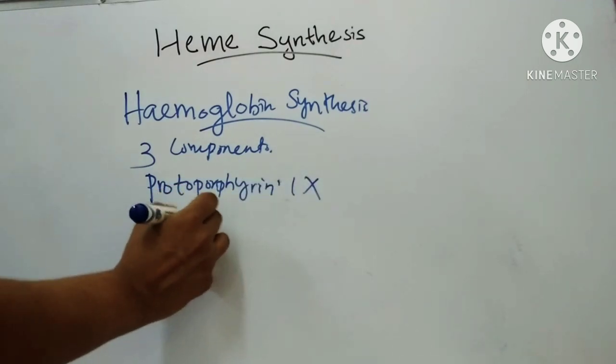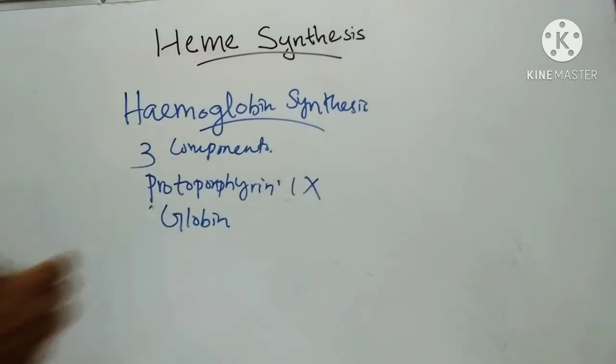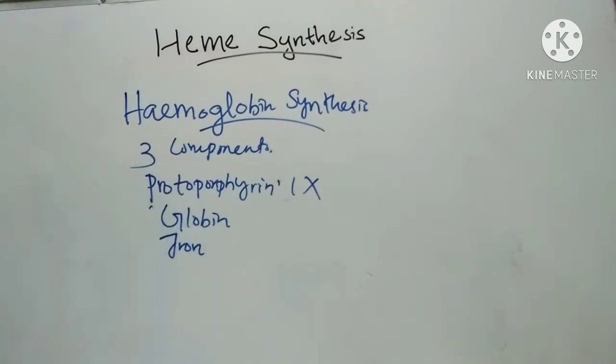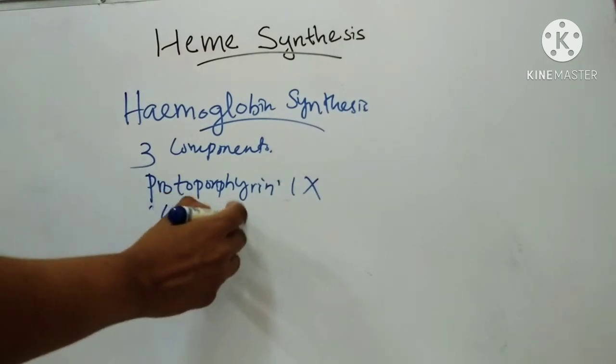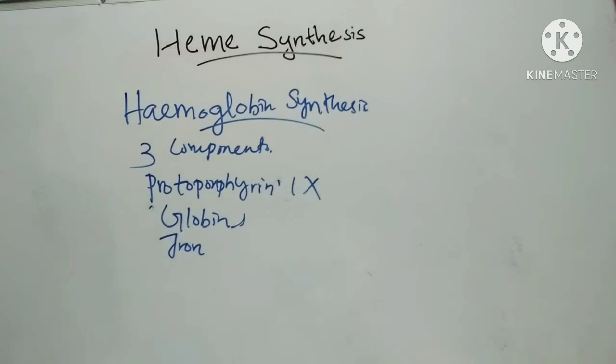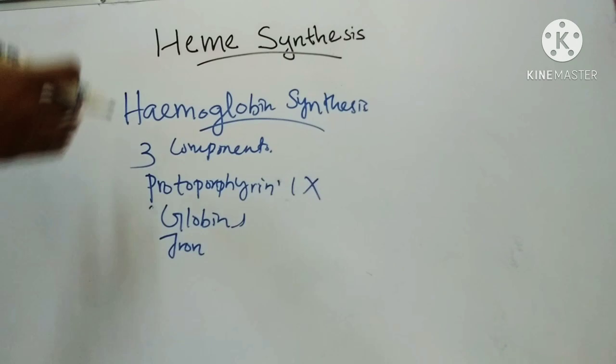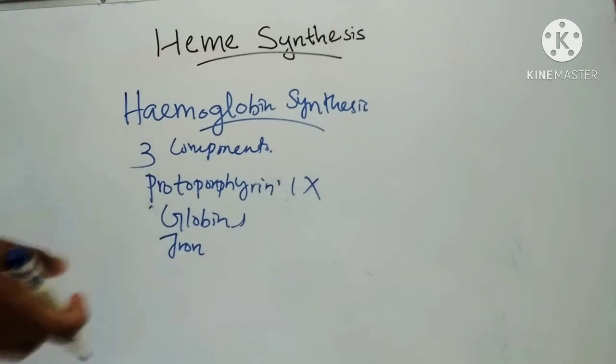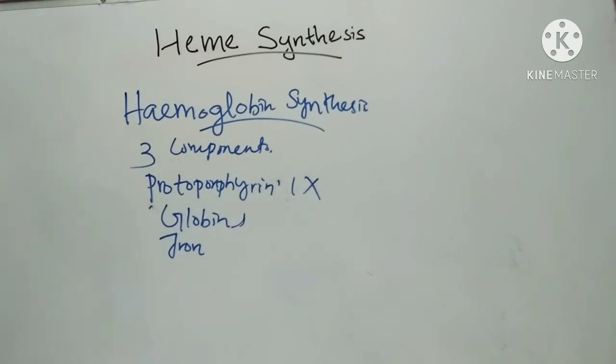Then globin. Then iron. These are the components of hemoglobin. Globin is produced by the usual mechanism of protein synthesis. In addition to the actual constituents of hemoglobin, certain vitamins and other factors are also required for hemoglobin synthesis.